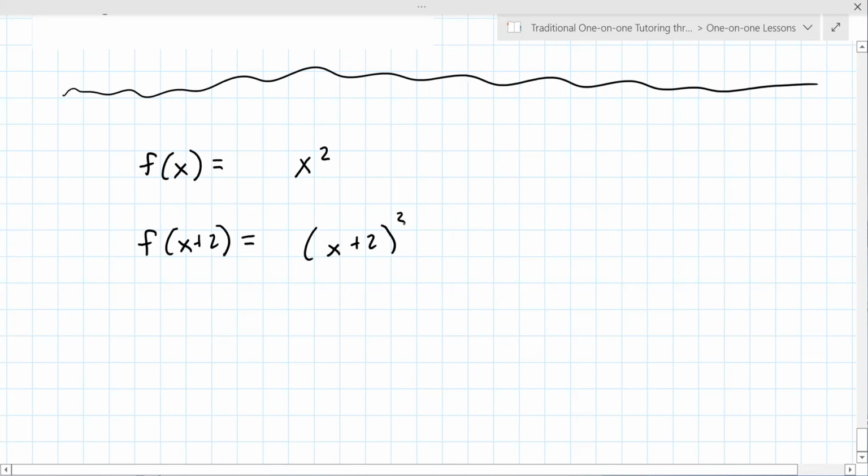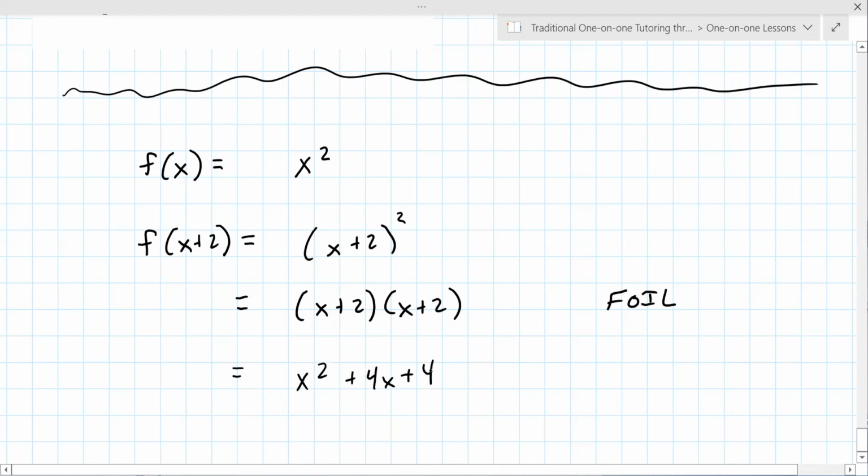Okay, so from here you have to expand, and you want to be careful here. You want to write it as x plus 2 times x plus 2 and then FOIL. So this becomes x squared plus 4x plus 4. Okay. And I think you've seen this before, but this is just a little bit of review.